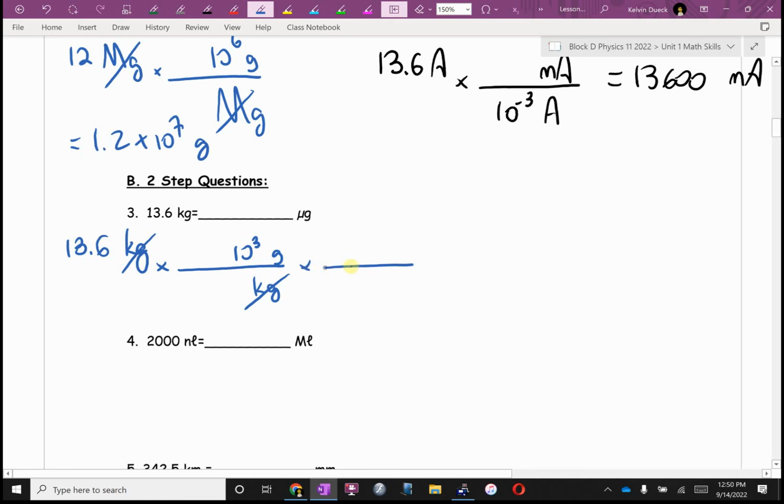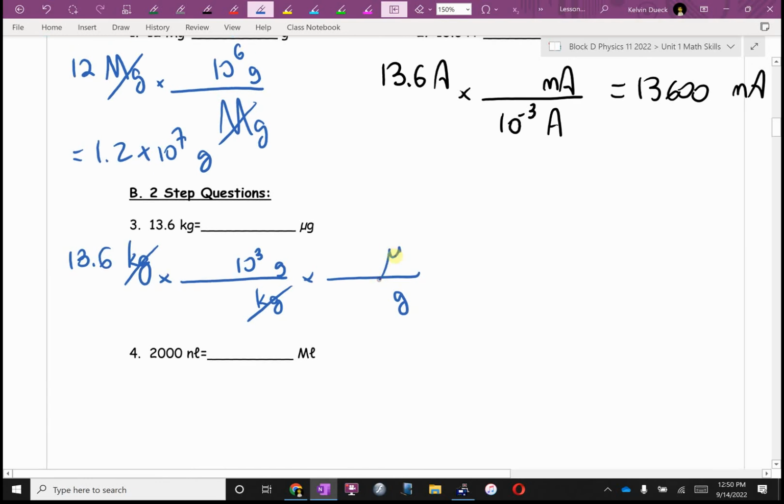So, step 2. Step 1, get rid of kilo. Step 2, I guess grams is going to go on the bottom now. Yes? Micrograms is going to go on the top. Oh, micro, 10 to the what? Where's the 10 to the negative 6 going to go? Where the micro isn't, which in this case is on the bottom.